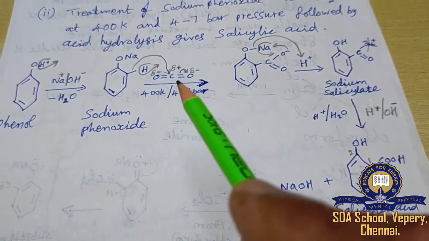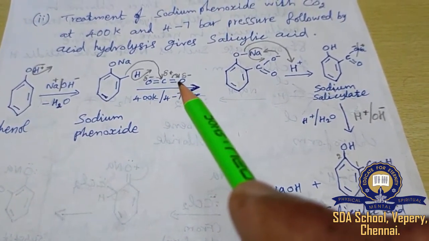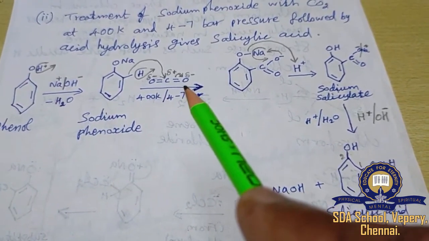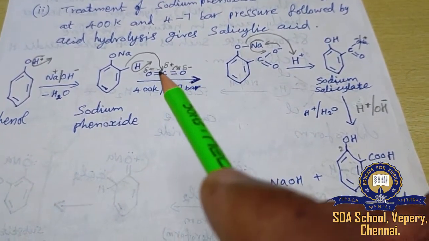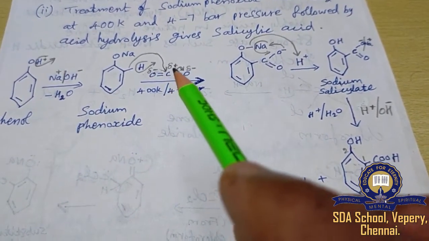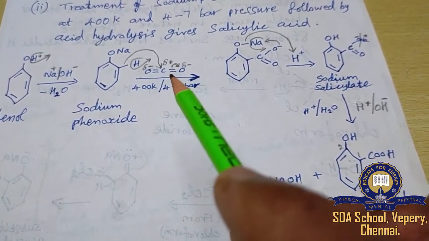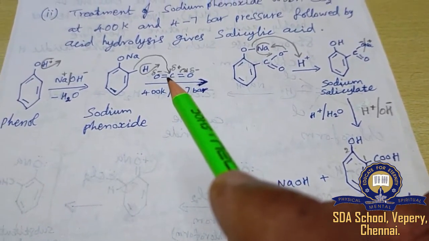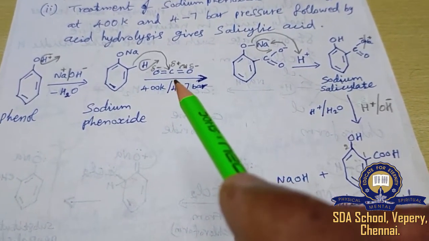So the molecule itself we can specify with charges: the oxygens have a partially negative charge and the carbon atom has a partially positive charge. So this is considered as the electrophilic substitution spot.